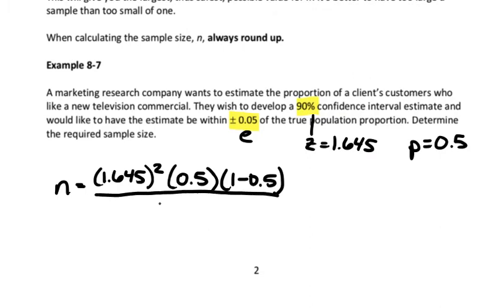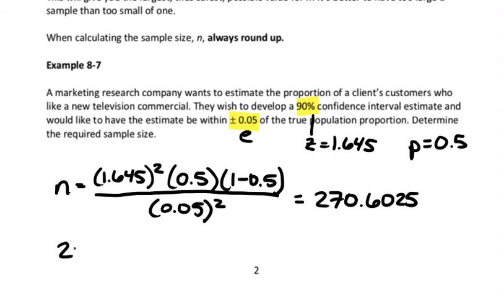And I'm going to divide that by e squared. E is 0.05. And if I type all this into a calculator, I'm going to get 270.6025. And so this means that I need to survey 271 customers.